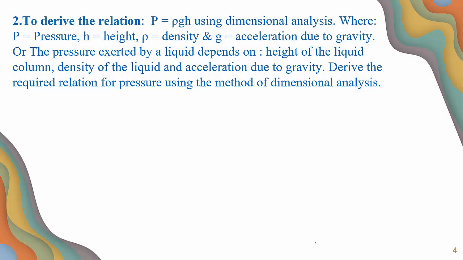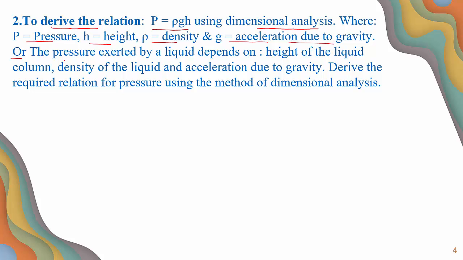Now I will solve one more problem. You can read the problem here. To derive the relation P equal to rho GH. We corrected this equation in the previous class. This is to derive the relation using dimensional analysis, where P indicates pressure, H indicates height, rho indicates density, G indicates acceleration due to gravity.